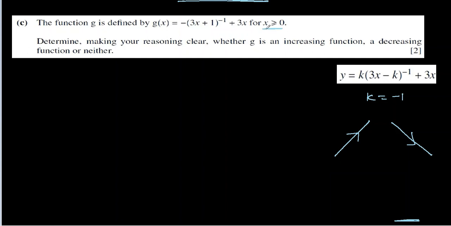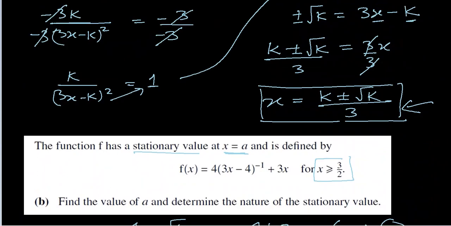Here they have given a condition that x is always positive, greater than 0, right? So in the case if the function is always increasing, ever increasing function, it will be having a positive first derivative. If it is a decreasing function, it will always have a negative derivative. So what was the first derivative of this? Let's look at that once more.